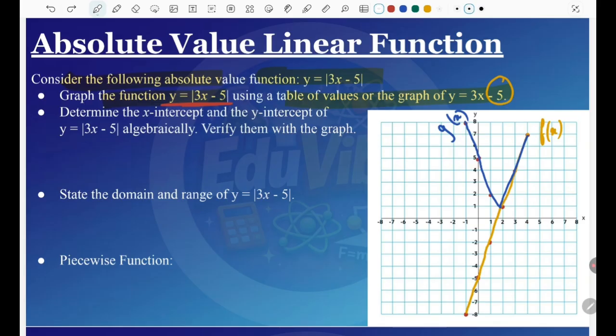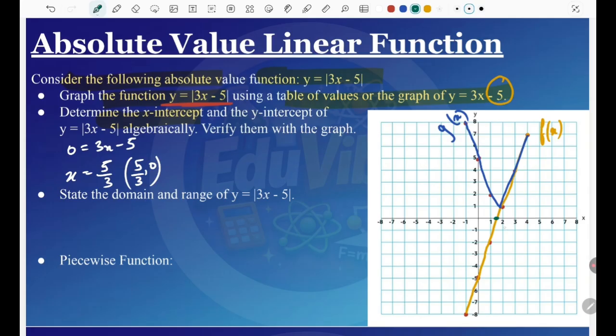And the other questions you get: determine the x-intercept if you have. I have to determine the x-intercept by putting y is equal to 0. If y is equal to 0, so 3x minus 5 equals 0, and you will get x is equal to 5 by 3. So we have 5 by 3 comma 0.